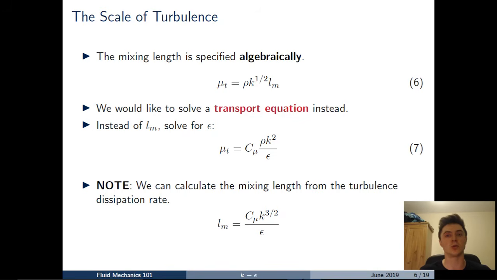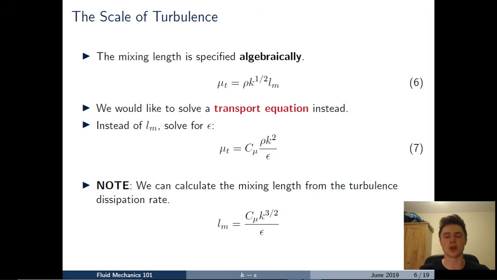If we solve a transport equation for k and a transport equation for epsilon, then we can use equation 7 there to give us the eddy viscosity mu t, and then put that back into our RANS equations, and that allows us to close the system and solve the system of equations.